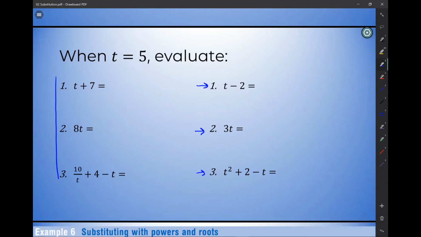So remember, wherever we see a t, we're going to replace it with a 5. 5 plus 7 equals 12. Now have a go at number 1 over this side. And what you should have done is put the 5 here, minus 2, so the answer is 3.